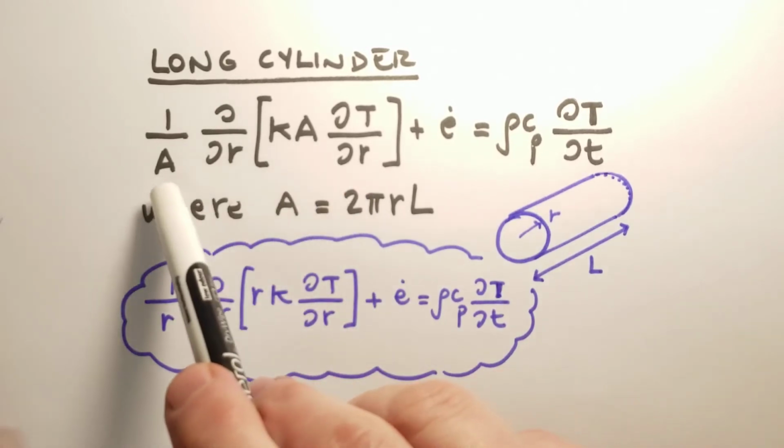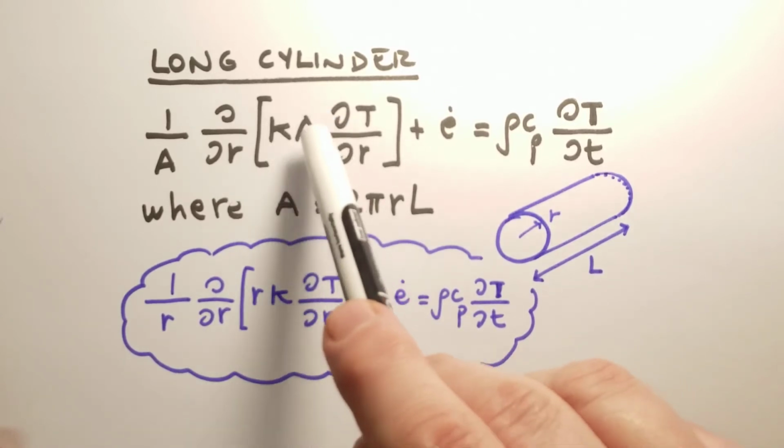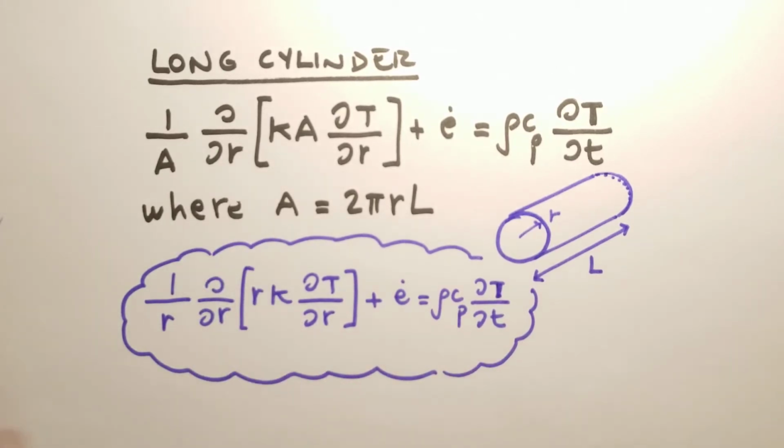We cannot simplify A because A depends on r, and r is inside the partial derivative with respect to r. Therefore, we can only simplify 2 pi L.